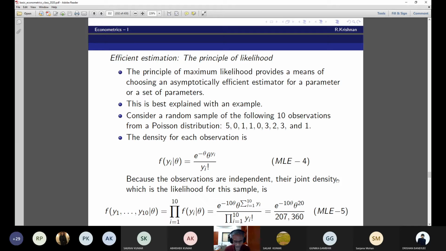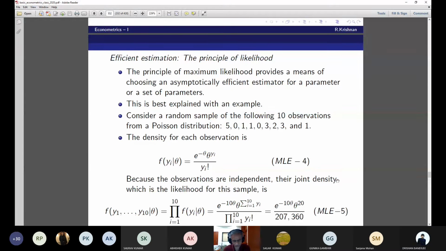Now, how will the likelihood behave? It will reach a peak for a certain value of theta. Exactly, that will be the peak. You would settle for that theta. What is the other way?